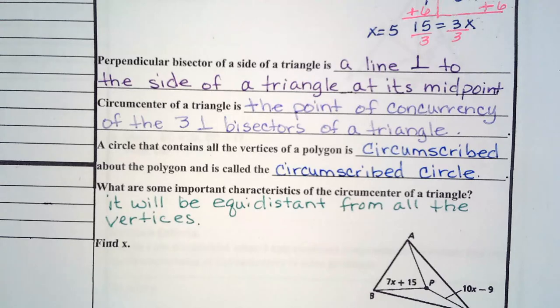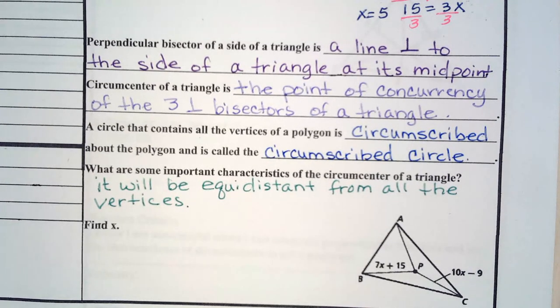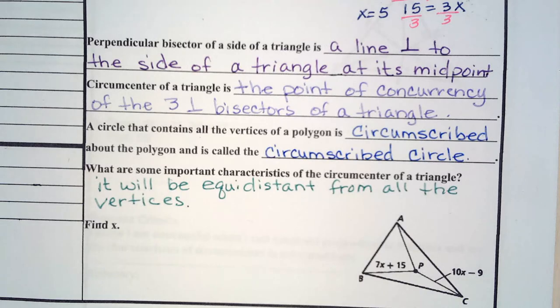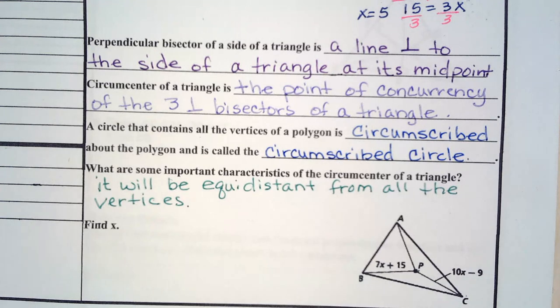Okay, it's an important thing to remember because, once again, this is what we call an invariant. Invariant means something that will never, ever change. So, if this point P is a circumcenter, what do I know about these two pieces here? Well, if P is equidistant from every vertex, then those two pieces have got to be the same length.